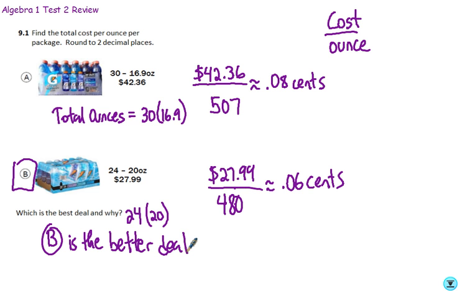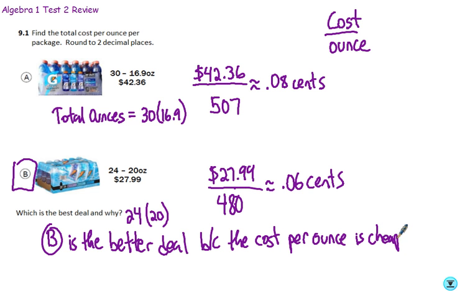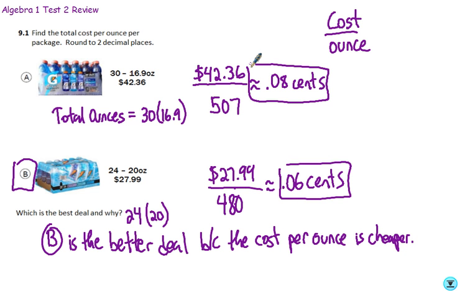Because the cost per ounce is cheaper. So for B, you're only paying 6 cents per ounce, whereas with A, you're paying 8 cents per ounce. So you're paying 2 cents more per ounce. So if we're looking for the best deal, then that one would be B.